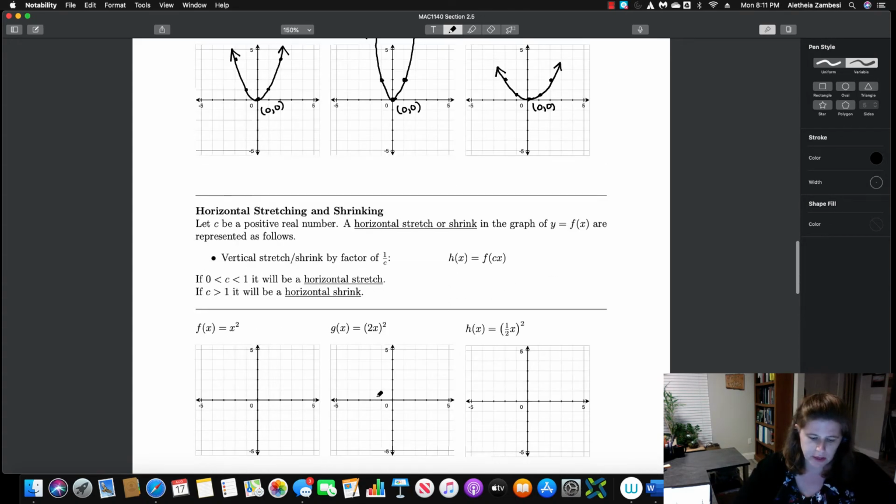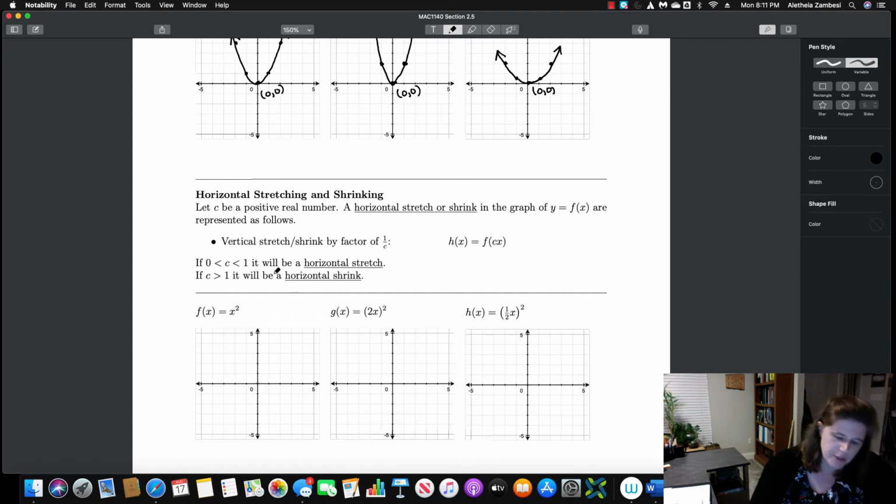So let me demonstrate. The original x squared function we still have, just for comparison. So it goes through the origin 0, 0. These are all going to go through the origin.